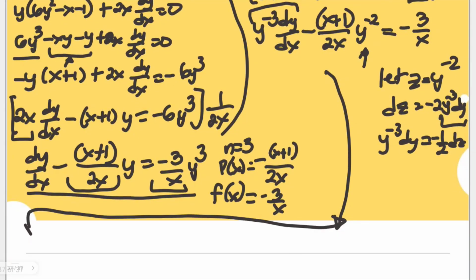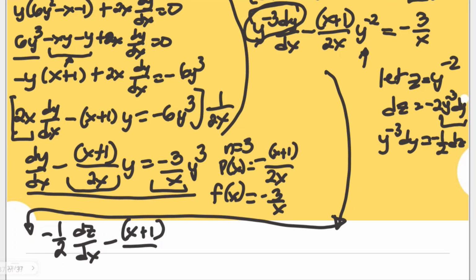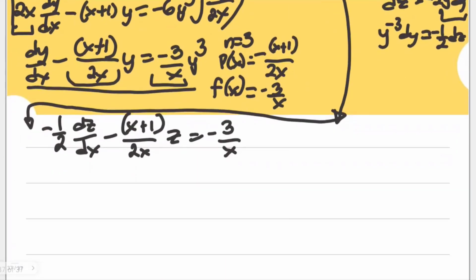So this being in mind, our final equation now, hopefully you can still see my scribbles here. Let me write it here. This will become negative 1/2 of dz over dx, dx is still there, minus x plus 1 over 2x, and your y to the power of negative 2 will be expressed as z, equal to negative 3 over x.